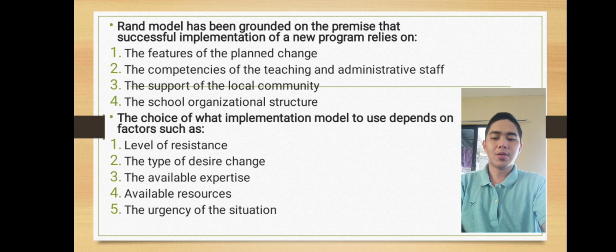The choice of which implementation model to use depends on factors such as levels of resistance, types of desired change, available expertise and resources, and the urgency of the situation. For intense, deep-seated, and widespread resistance in the organization, an OD may be required, which in turn requires the presence of an expert, either in-house or external, to support the process.